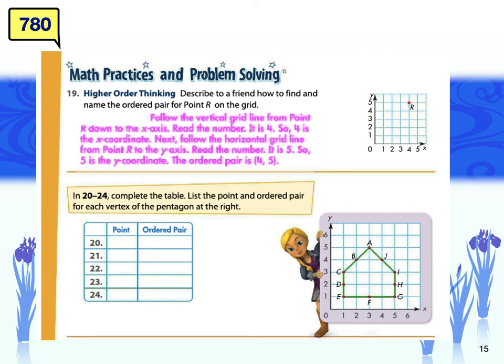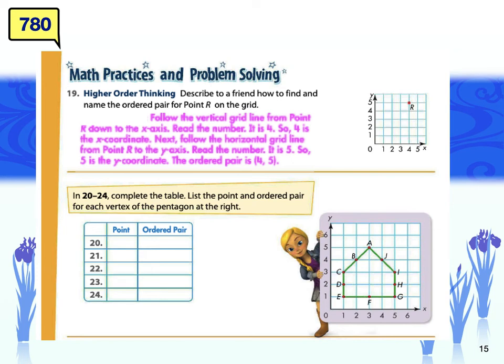Okay, in 20 to 24, complete the table. This is the point and ordered pair for each vertex of the pentagon at the right. So here the pentagon is drawn at the right, and we are going to name the ordered pair for each point. So here we only want the ordered pair for each vertex.